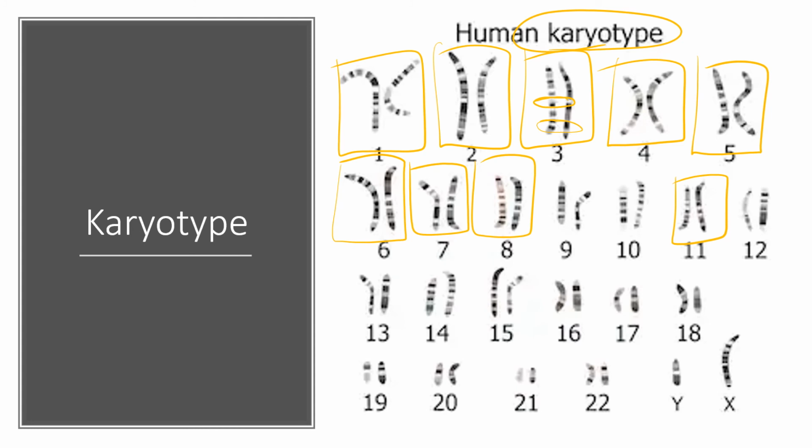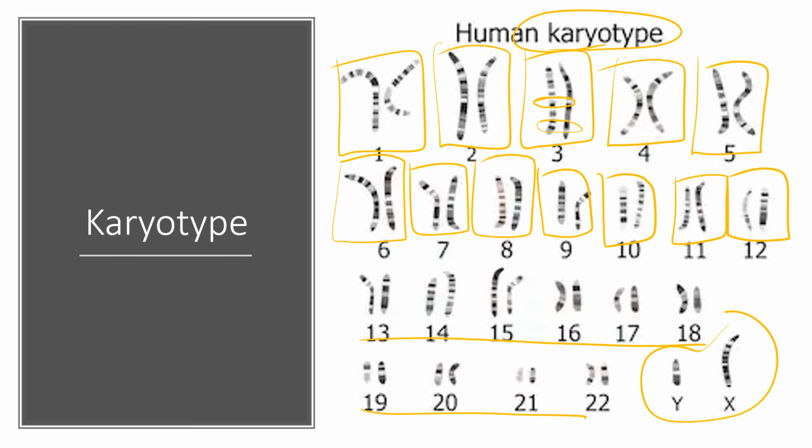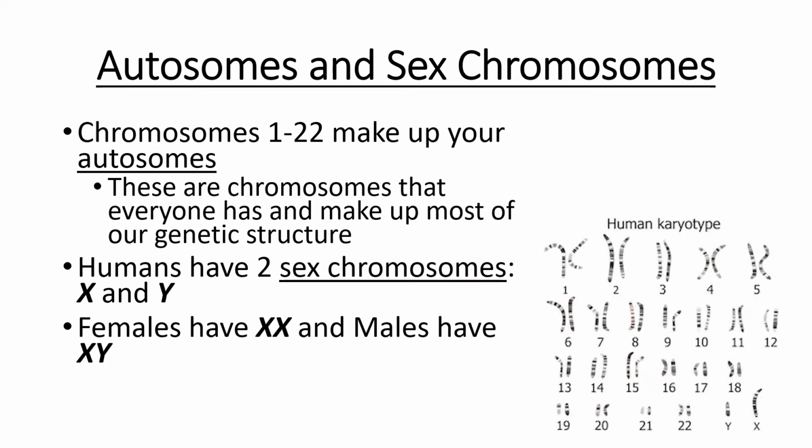So you have 23 pairs here, which I'm putting our little chromosomes in little boxes, kind of like keeping your shoes in boxes. Now notice 1 through 22 are numbered, but your last pair over here are lettered, and these are going to be your sex chromosomes. So you can see chromosomes 1 through 22, circle those, are going to be your autosomes.